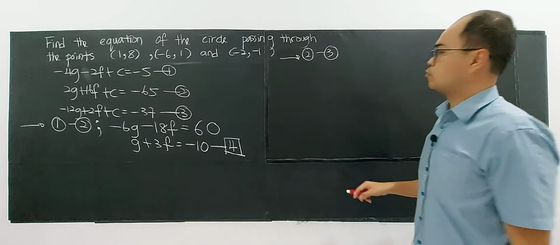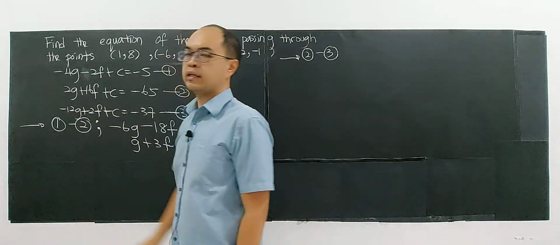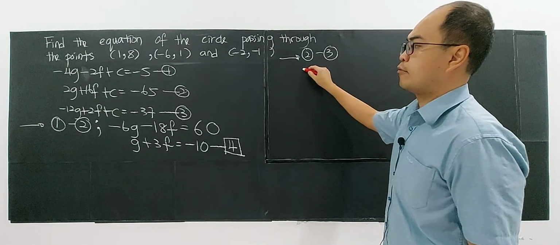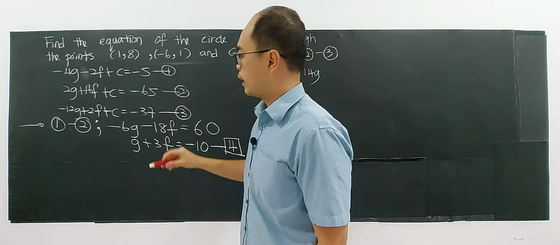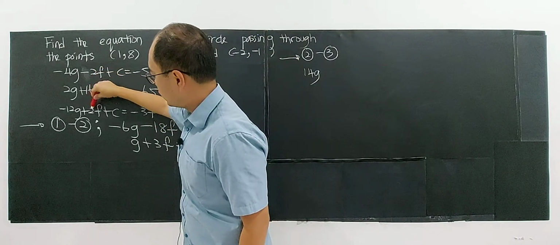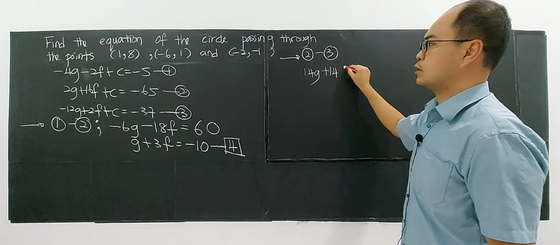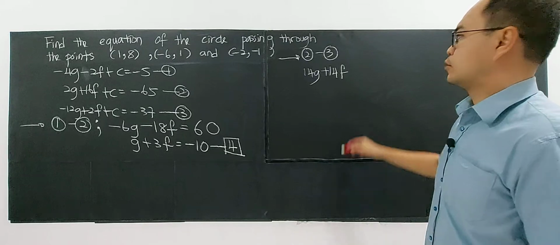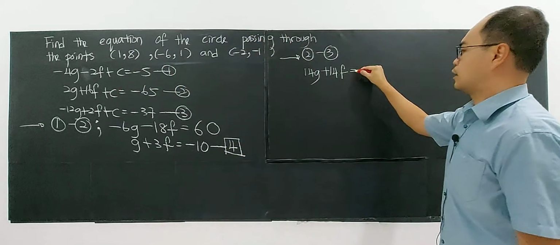So I'm taking 2 minus 3. 2g minus -12g, 2 minus -12, you will have 14g. Followed by 16 minus 2, you get 14f. So c minus c, you get 0.